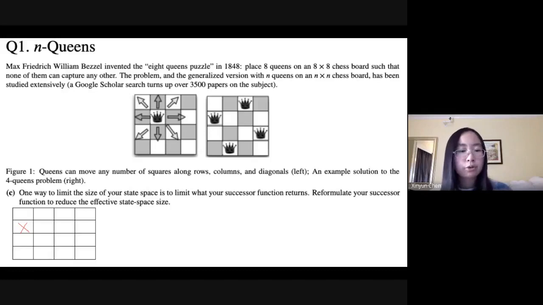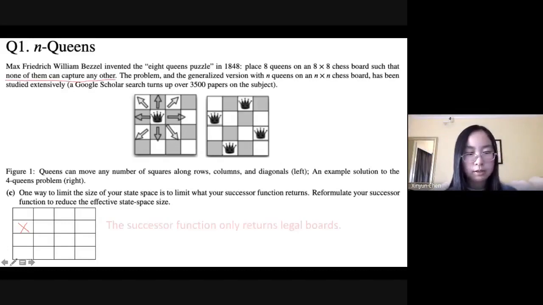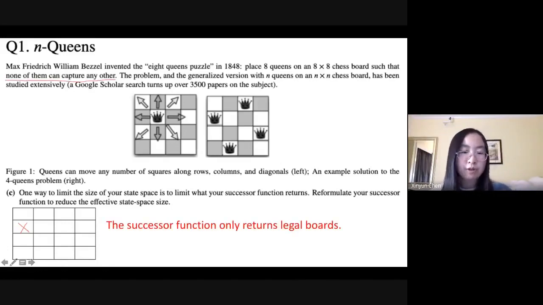So here, one way to reduce the effective state space size is to restrict our moves so that it will only put queens that satisfy this requirement, and none of them can capture any other. So basically, our successor function only returns legal boards, ignoring those invalid moves.